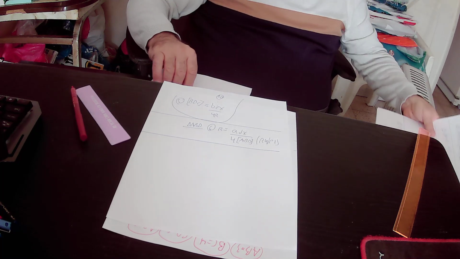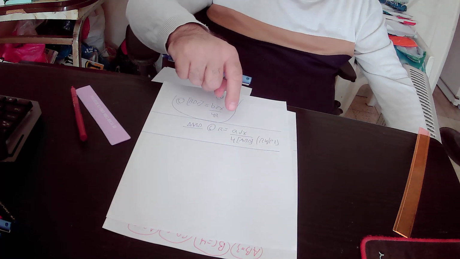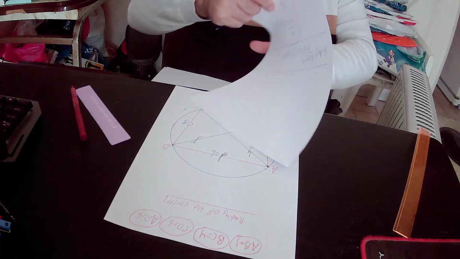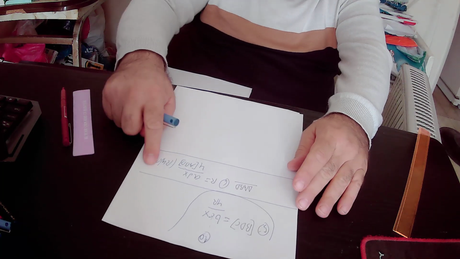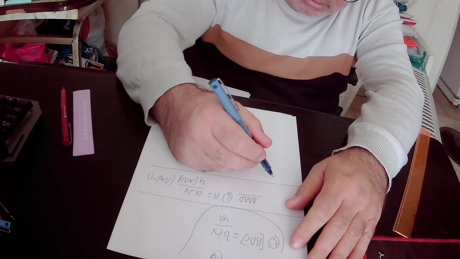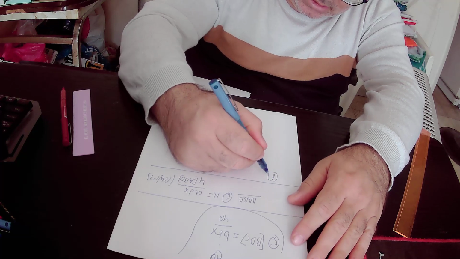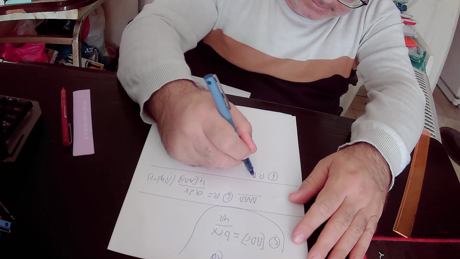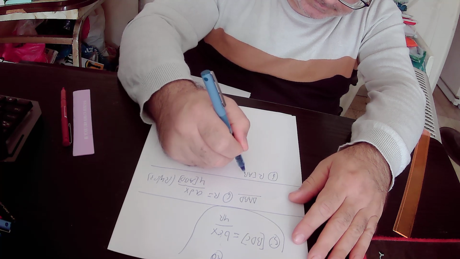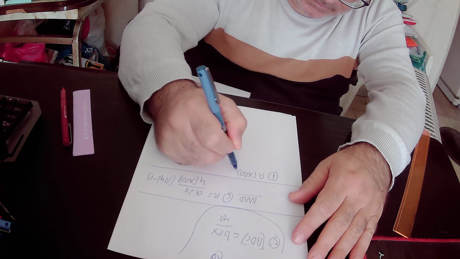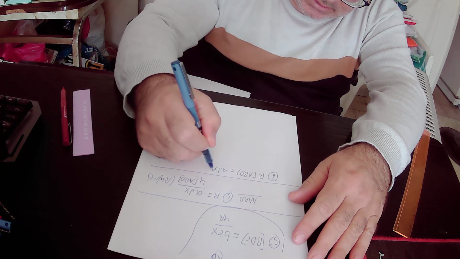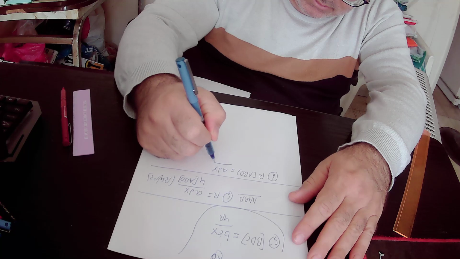So here we will multiply equation number 6 by the area of triangle ABD, and we will get that R times the area of triangle ABD equals ADX over 4.